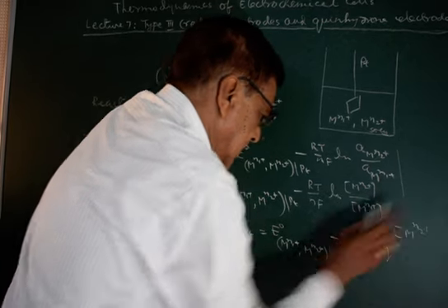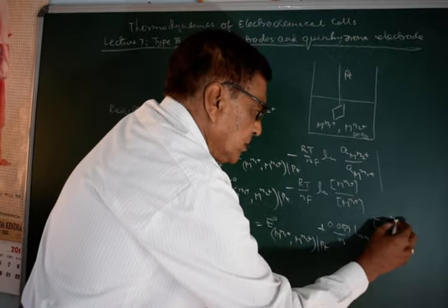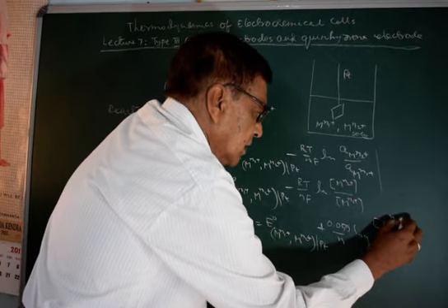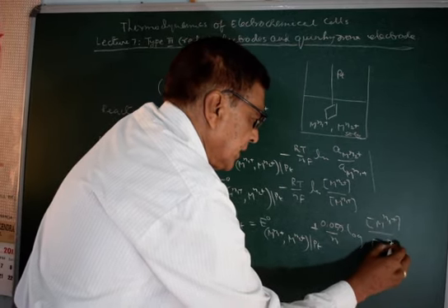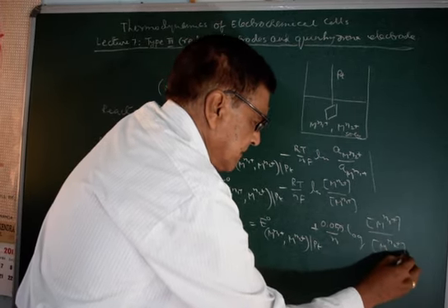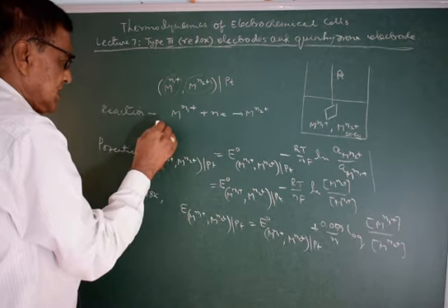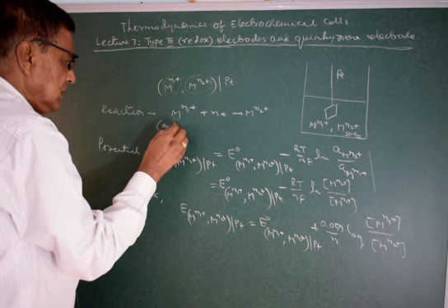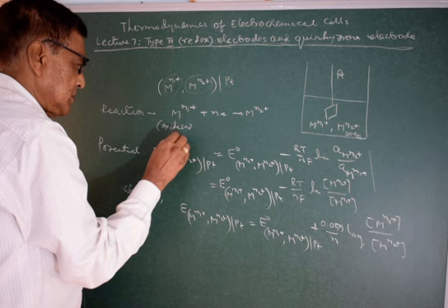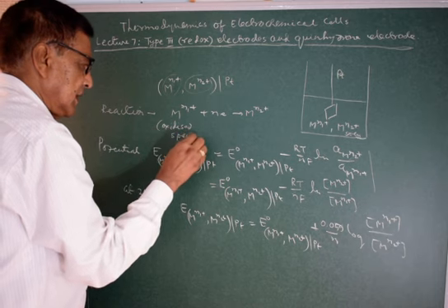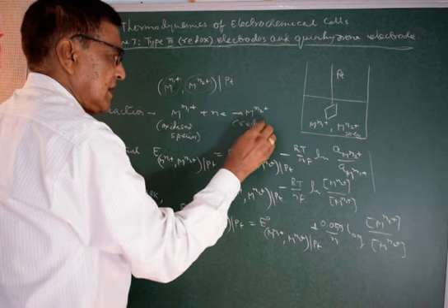of N2+, and if I take this plus, then it will be the inverse, N1+ over N2+. And this one is the oxidized species, and this one is the reduced species.